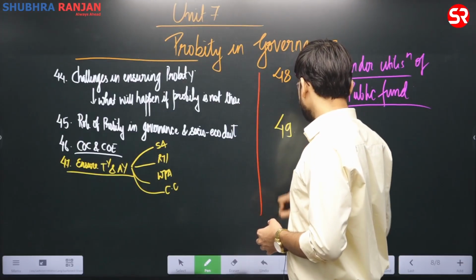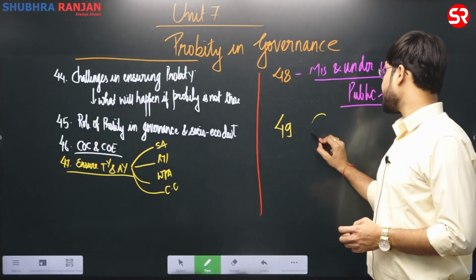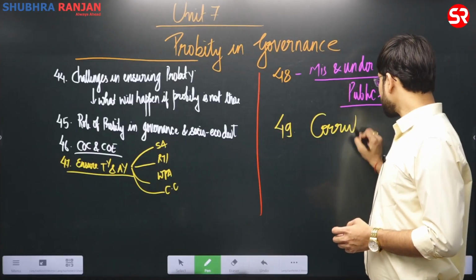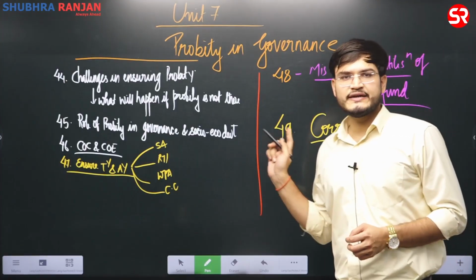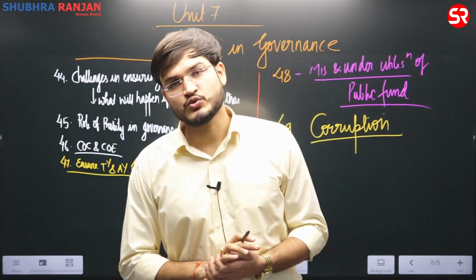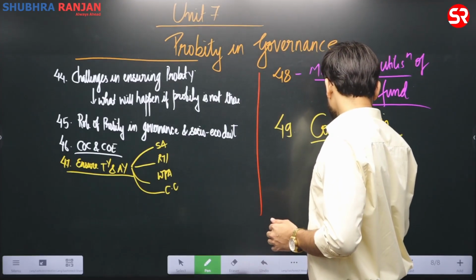Then 49th theme here would be regarding corruption, and here they will be asking questions with respect to challenges.